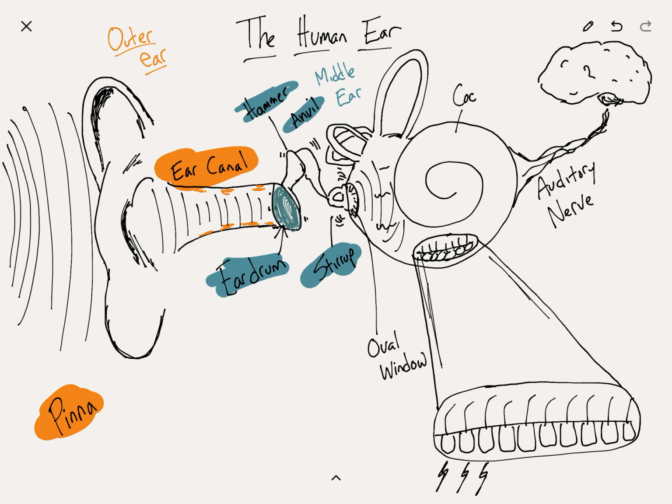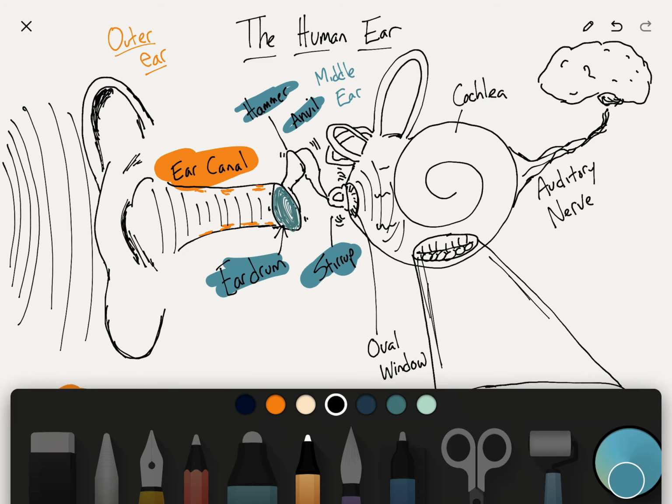I forgot to do this, C-O-C-H-L-E-A. And let's go with this color. So this is what we would call the inner ear. I realize that's not too different than the other one, but we'll go with it.